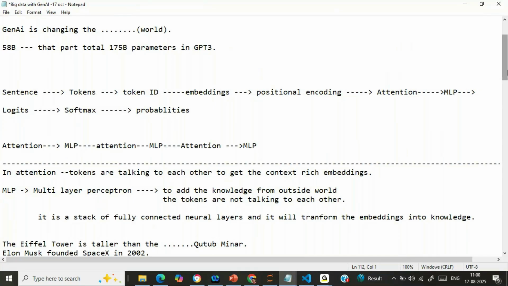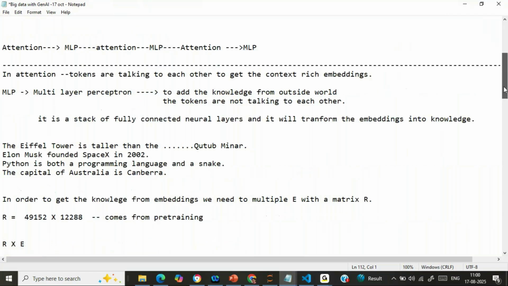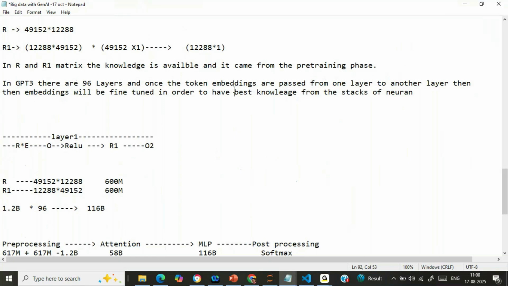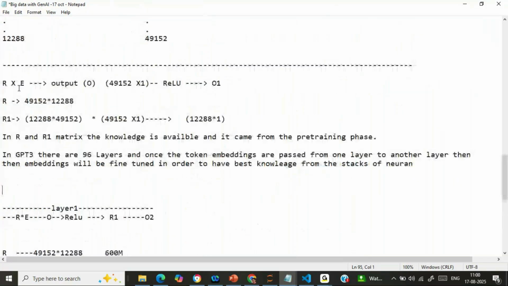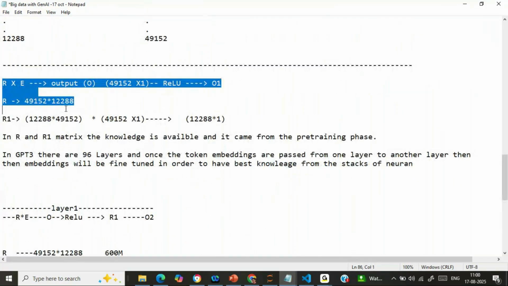In order to understand how things are happening internally, I can just say MLP is going to take the knowledge from the outside world that is stored inside the stack. But how are we able to take this knowledge? It is nothing but simple maths, and with the help of matrix multiplication and all, we are able to get that particular information.